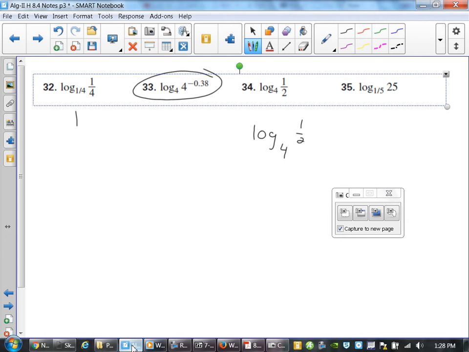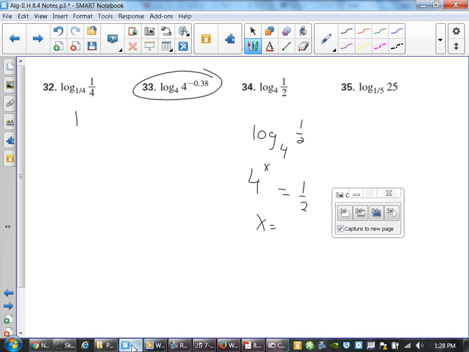No. 4 to what power is going to give you a half? That's what you're asking yourself here. Wait, I'm sorry. Yeah, negative 1/2. I had to think about it.